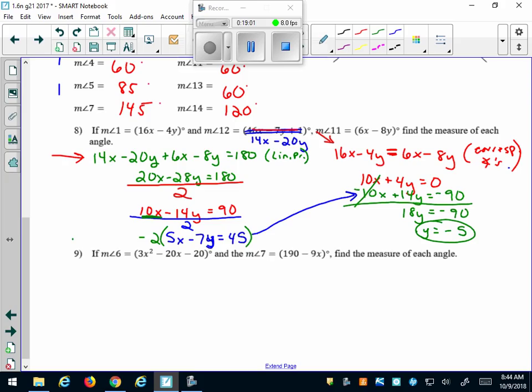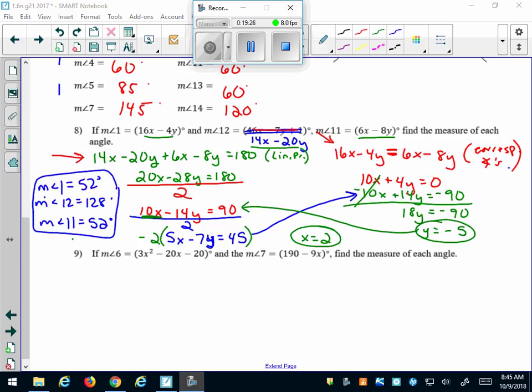So I'm going to go back to this equation right here, plug y in as negative 5, and solve for x. X turns out to be 2. And then when you have x and y, you should be able to plug in to all of these to find the measures of each angle. So pause the video, do that, and come back.